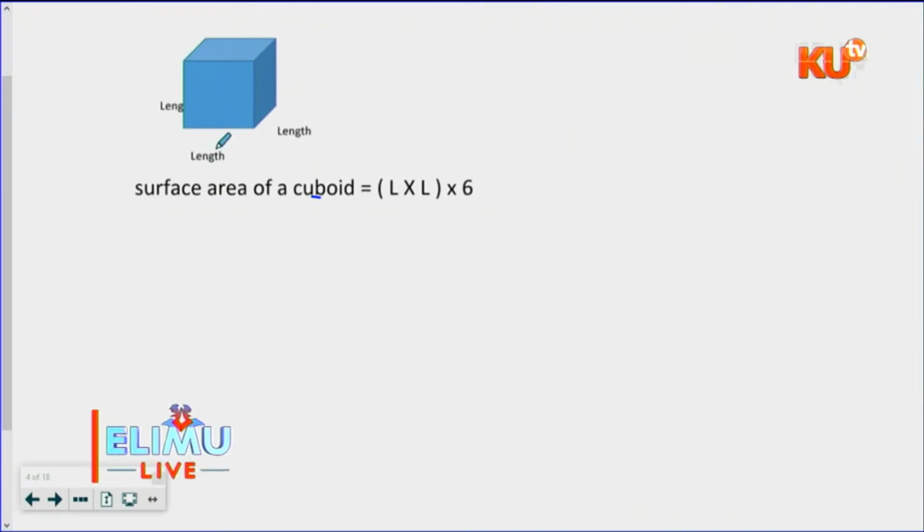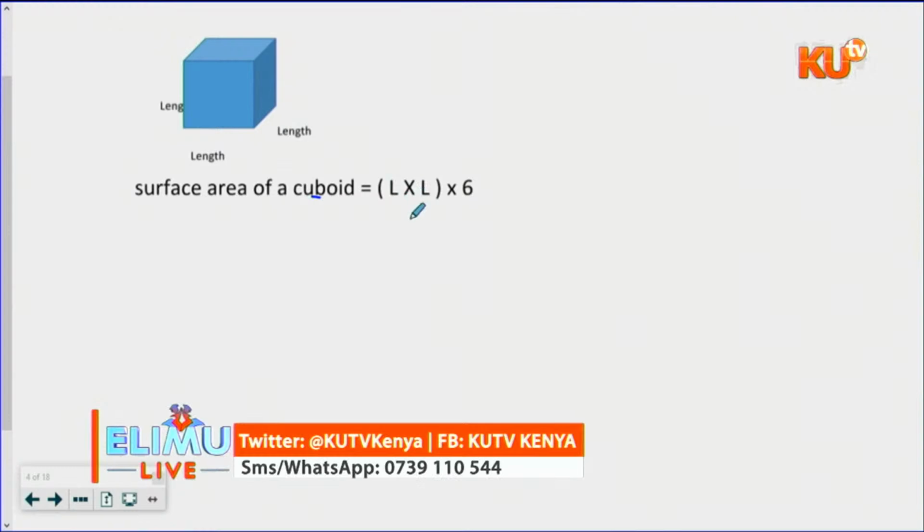All these faces are equal, they are identical, they are the same. So we simply say length times length, because you can call it this side and this side. They are the same. Even if you say side times side, remember to finally multiply it by 6.